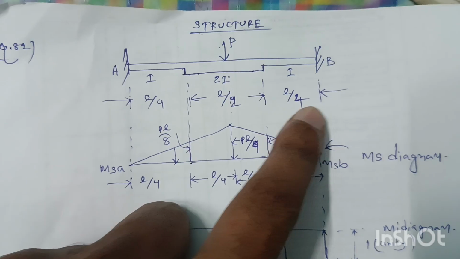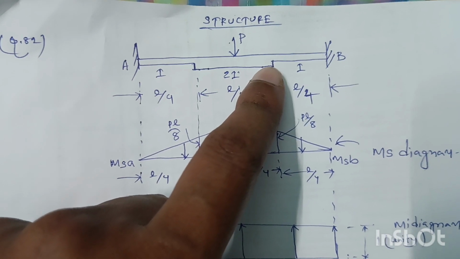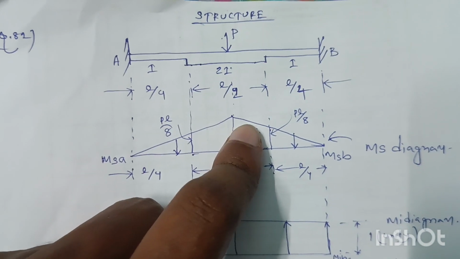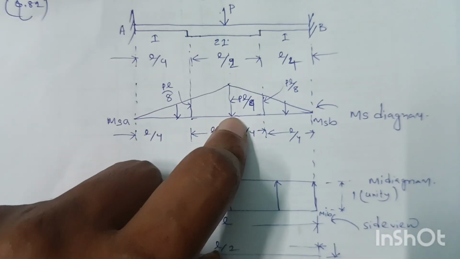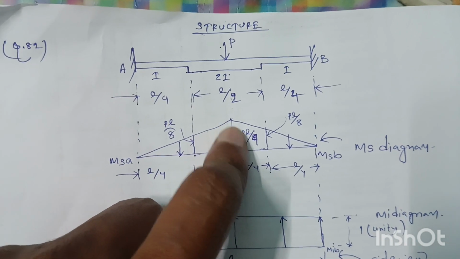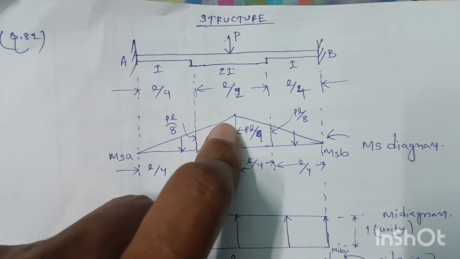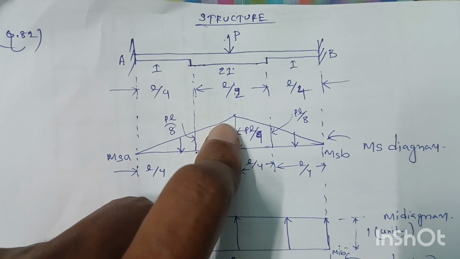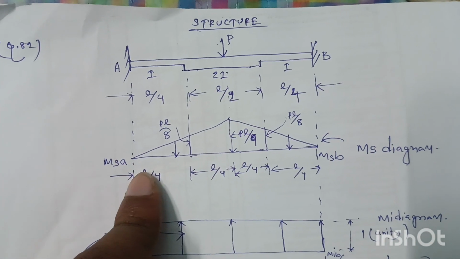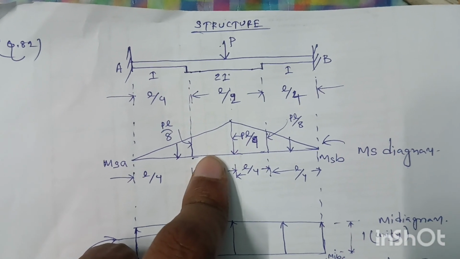So we will solve this problem through the column analogy method. If we see this beam as a simply supported beam subject to a central point load, the bending moment diagram of the beam will be triangular in shape, maximum at the center, and the value at the middle will be PL by 4. L is the length of the beam and P is the load, and this diagram is called the Ms diagram. This part has a defined moment of inertia and this part has a defined moment of inertia.